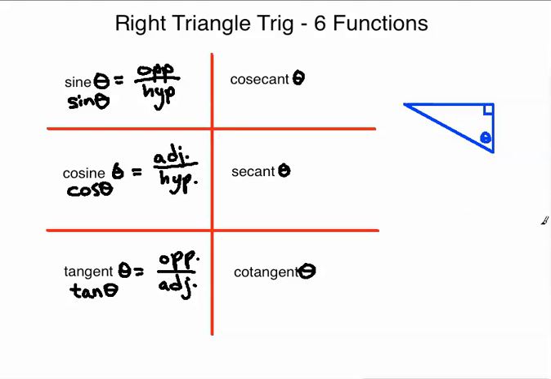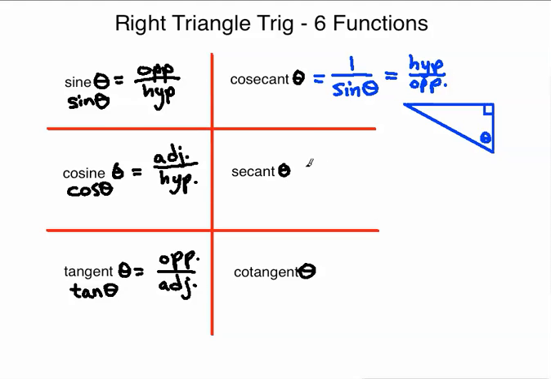So something that you should remember is that these two, sine and cosecant, are related to each other because, and here's how they're related, cosecant is 1 over sine of theta. Therefore, we can write cosecant as the opposite of sine. So instead of opposite over hypotenuse, I can write hypotenuse over opposite.